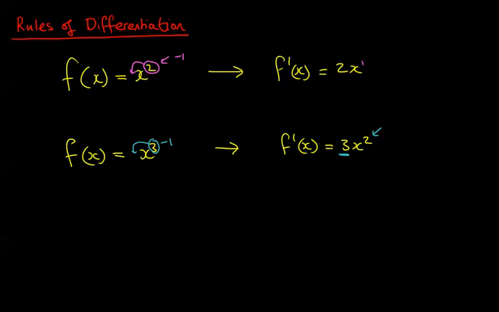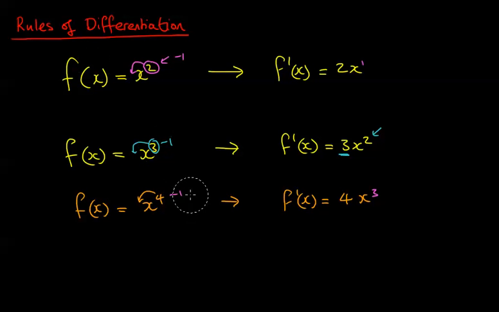Therefore, if we had f of x equals x to the power 4, its derivative function is, well, the power comes to the front, so it becomes 4, and then you take 1 off the power, and then it becomes 3. I really don't need to write that minus 1 actually, because that might confuse matters. Okay, so it becomes 4x cubed.